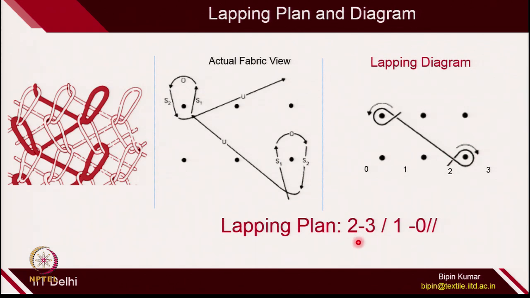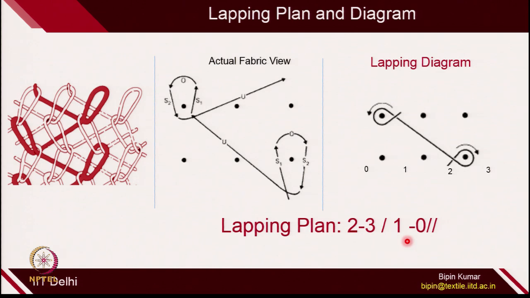Second to third is the overlap, and from third you go to 1 at the back side. So from the third position you go to the first position and finish the first course. 2 to 3 is the overlap and 3 to 1 is the underlap, and to distinguish overlap and underlap we use different denotations: dash and oblique. Oblique represents the underlap and dash represents the overlap.